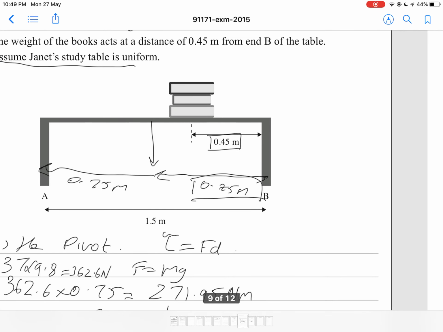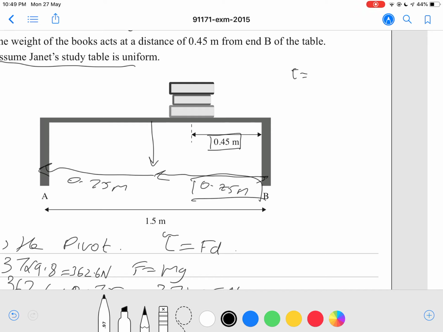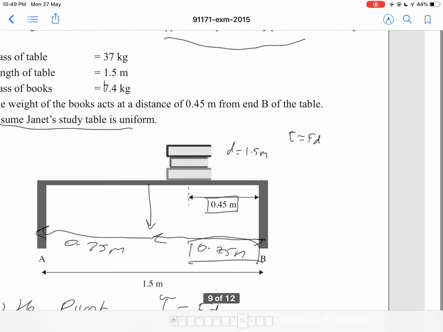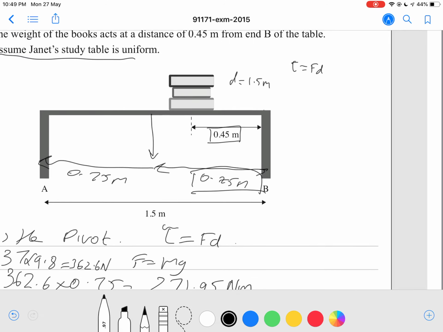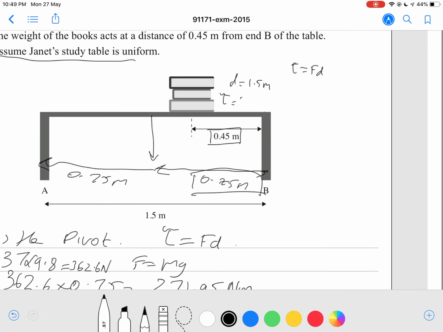Now we're going to say that torque equals FD, and because A is 1.5 meters away from B, the distance between the two supports is 1.5 meters, and the torque around pivot point B equals 304.58 Newton meters.